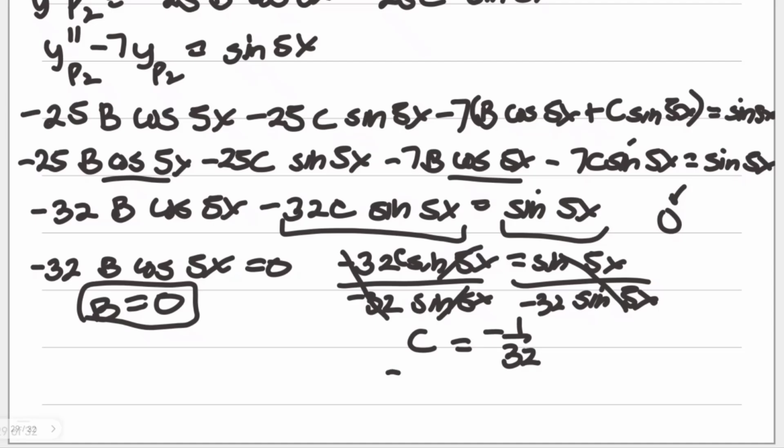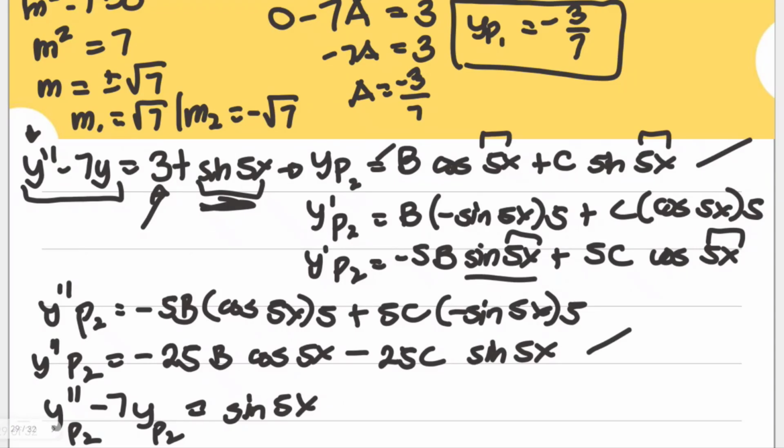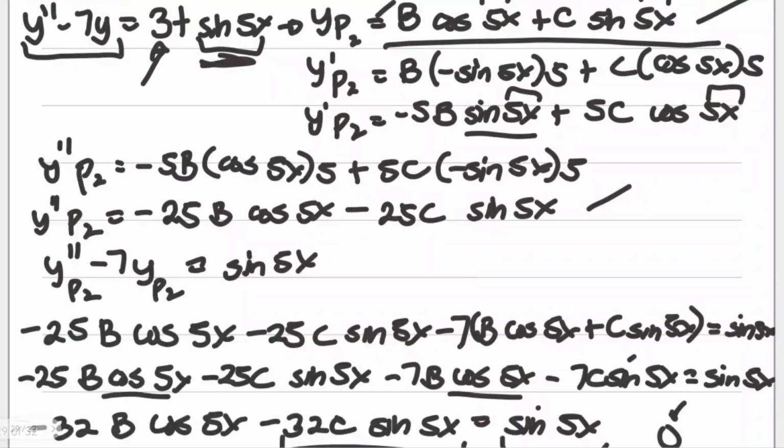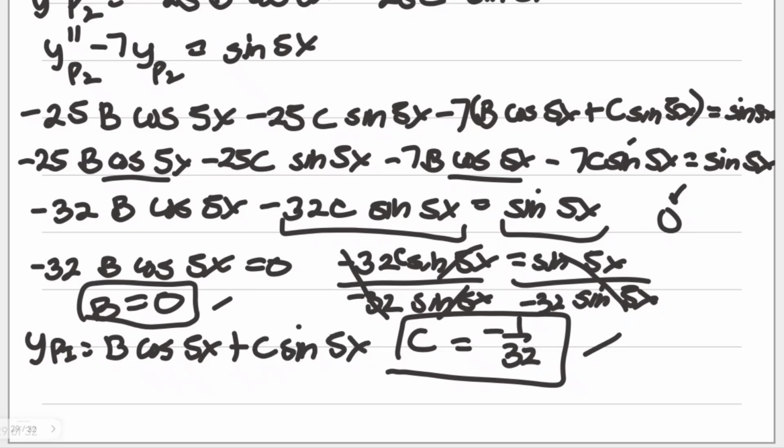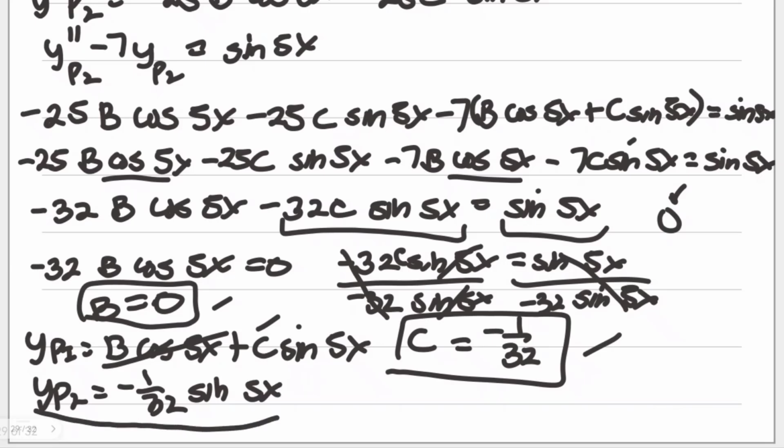Now, looking back to our y sub p sub 2, it's b cosine of 5x plus c sine of 5x. Of course, b is 0, so y sub p sub 2 is just negative 1 over 32, that's for your c, sine of 5x.